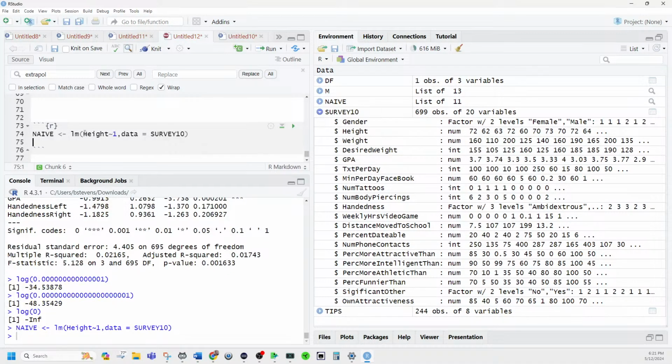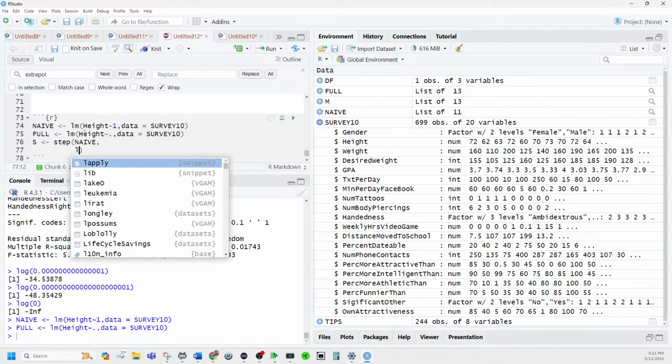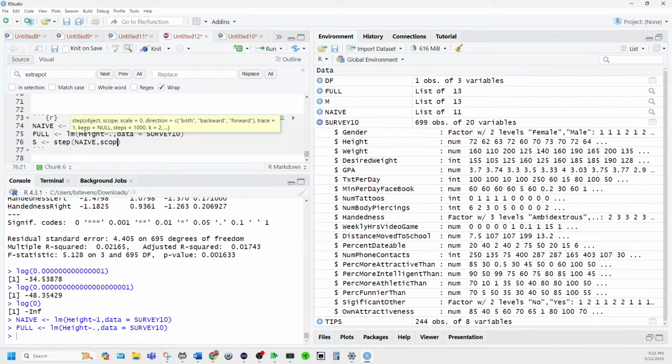So here we are with a naive. I like to write my full model the following way. And if we're doing all the variables, we do that. Then do the step procedure, as in step, with the naive as the start, and then scope equals list, lower equals naive, comma, upper equals full, comma, direction equals forward.